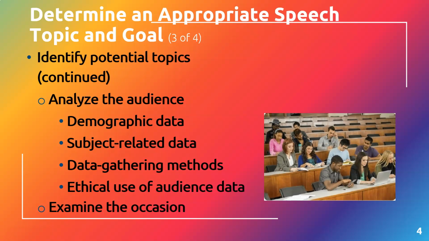You need to really examine the occasion. Now, again, for your assignment, it's a persuasive speech that needs to be done in, I think the assignment says, 5 to 7 minutes. And the goal of your speech is to ask your audience to do something.